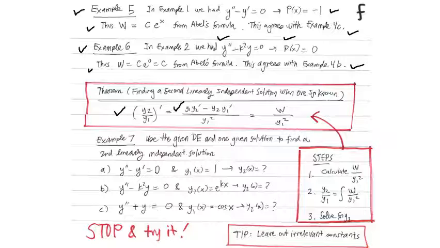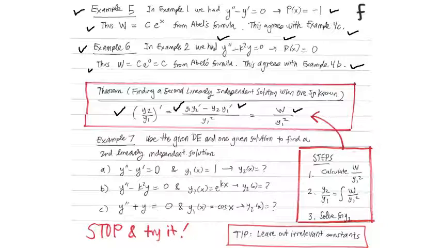And in the numerator, we get y1 y2 prime minus y2 y1 prime, but that's just the Wronskian. So the derivative of y2 over y1 is just equal to the Wronskian over y1 squared. Here we're thinking of y1 as a known solution and the Wronskian being known from Abel's formula in a typical application of this identity.